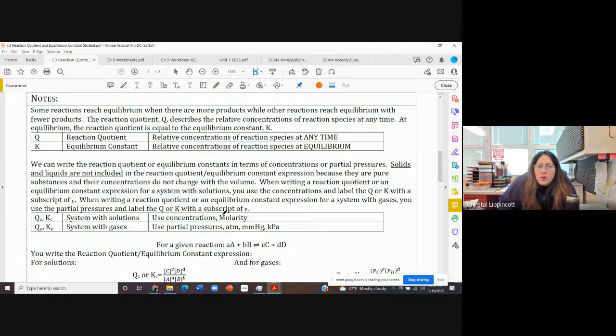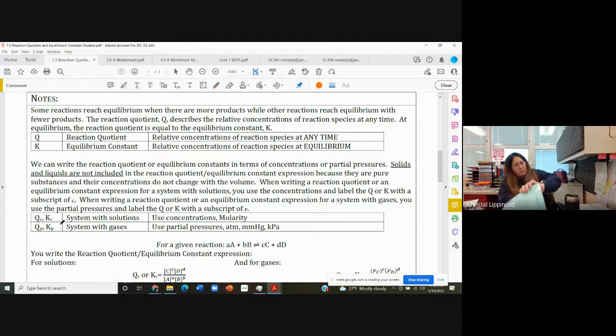There's a bunch of different Ks. If you look on your sheet, the one that has all of the formulas on it, they have Kc, which we're going to talk about today. They have Kp, which we're going to talk about today. C stands for concentration.